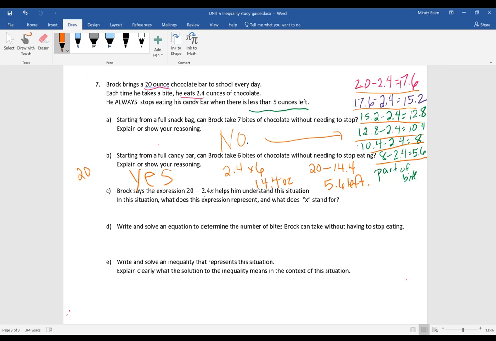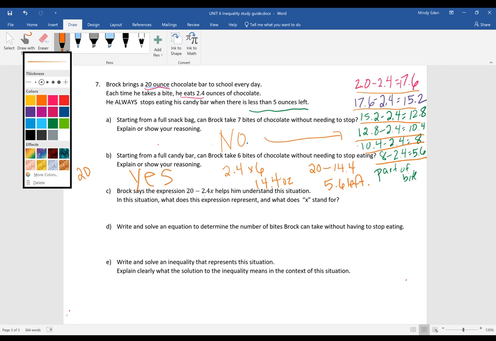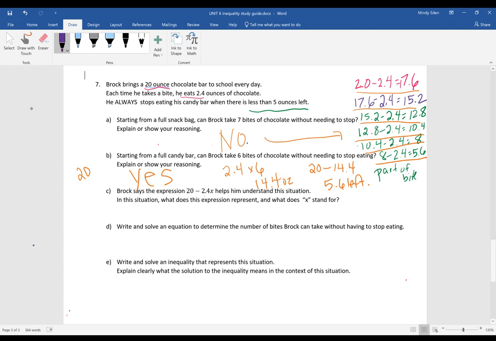All right, part C. Brock says that the expression 20 minus 2.4x helps him understand it. So he's able to set up an expression, which I think is great. So 20 is our total that we start with, a full candy bar, and 2.4 is how much he takes for each bite. So that's our chocolate for each bite.